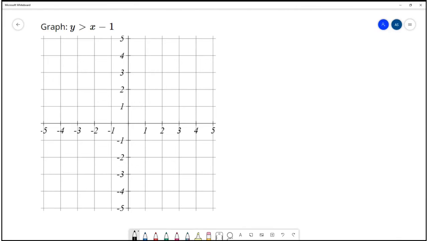When you solve inequalities in two variables, we're going to solve them in 2 steps. We're trying to graph the inequality y is greater than x minus 1. And we start by first drawing the boundary.